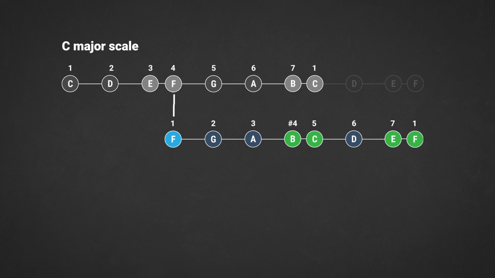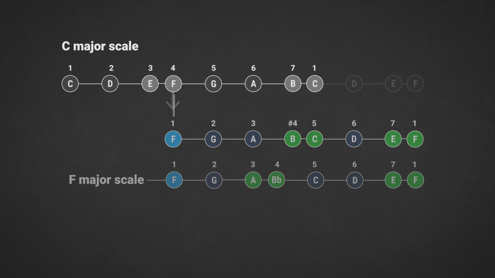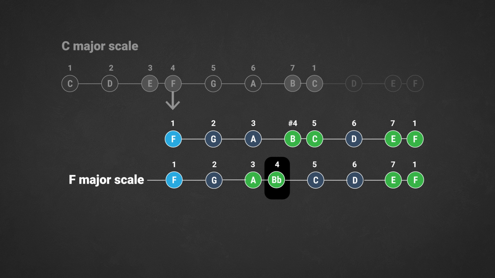Now this new derived scale has a major third and therefore it is a major type of scale, but not exactly like the common F major scale that has a perfect fourth interval, and this new F major scale has an augmented fourth interval. So this changes the sound to a more happy and uplifting version of the major scale. Let's compare the two scales.